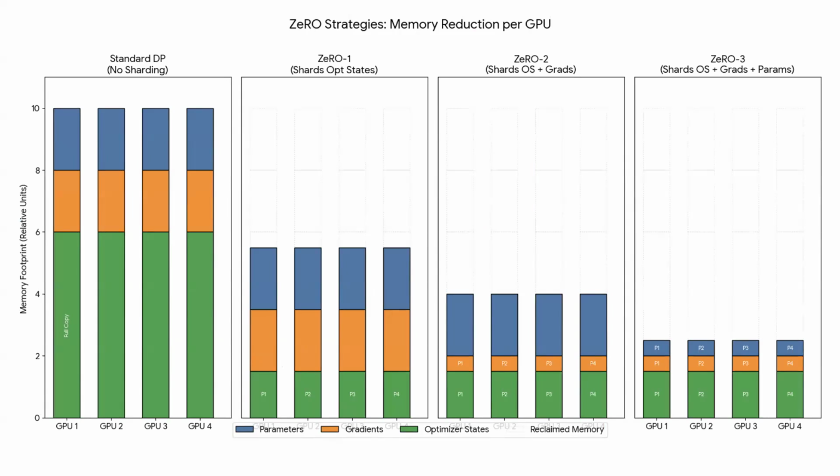In ZeRO-2, we shard optimizer states and gradients, and in ZeRO-3, we shard optimizer states, gradients, and parameters. This is a beautiful picture provided by Nano Banana, and we can see how we shard the parameters first, then gradients, and then model parameters.